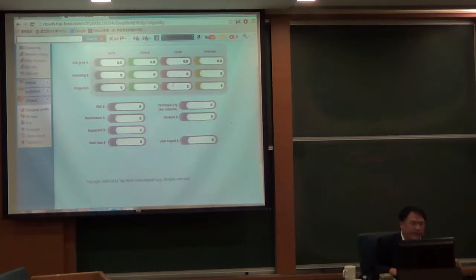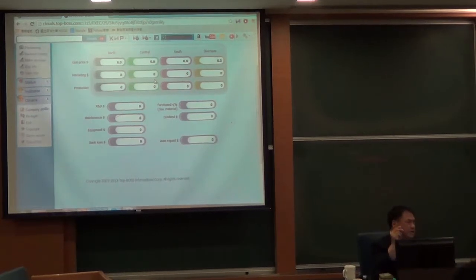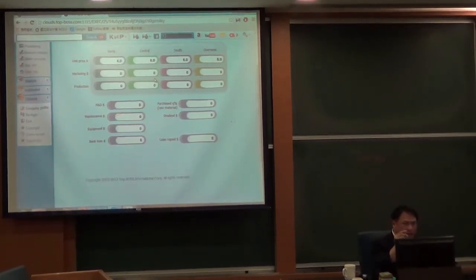Also, because the factory is in the north, there will be no freight in the north market. But when you ship any quantity to the central market, the freight will be $0.1 US, and $0.2 US to the south market, and $0.8 to the overseas market.